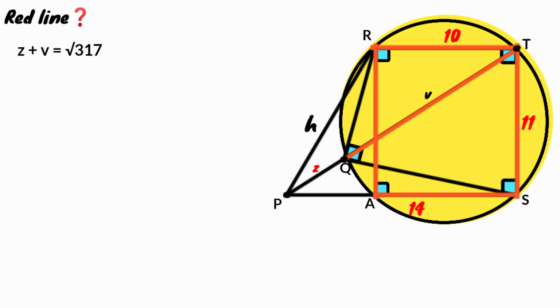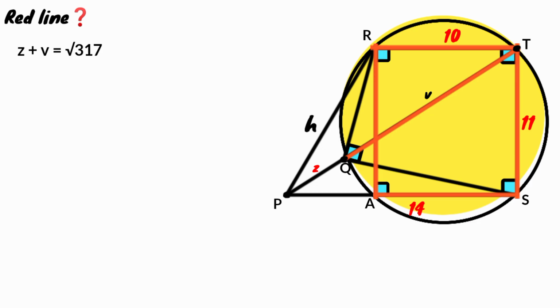That makes it one of 2, a square or a rectangle. But we know in a square, all sides are equal in length, which is not the case here, as this side is not equal to this side. So therefore, the quadrilateral is a rectangle.